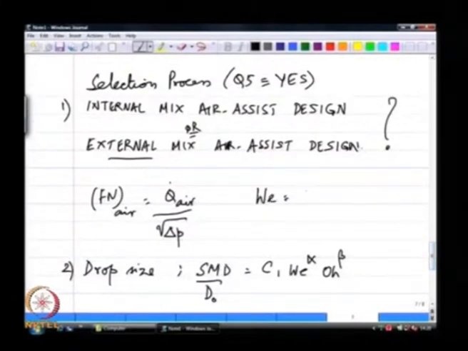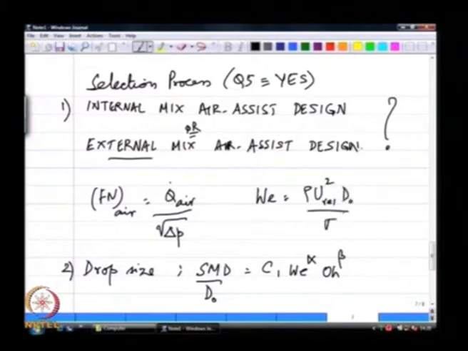The Weber number is defined as rho u relative squared d0 over sigma, rho being the air density, u relative being the relative velocity between the liquid film coming out and the air stream outside.